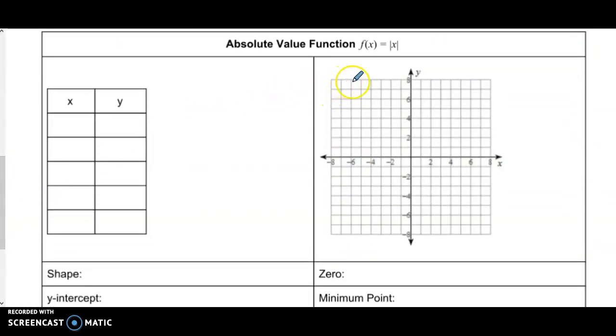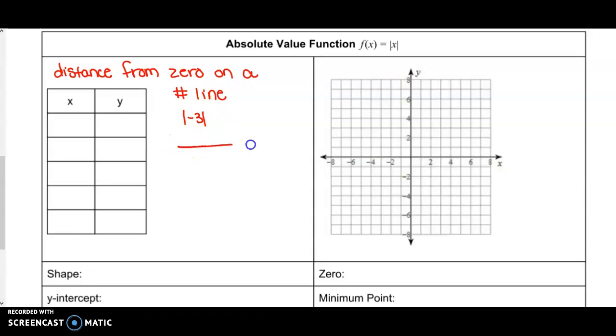All right, absolute value. Remember, absolute value is the distance from 0 on a number line. So for example, if I said, what's the absolute value of negative 3?